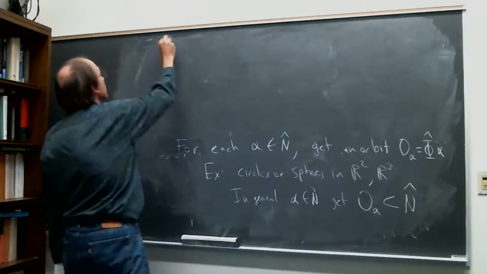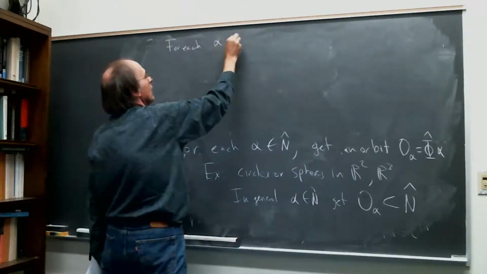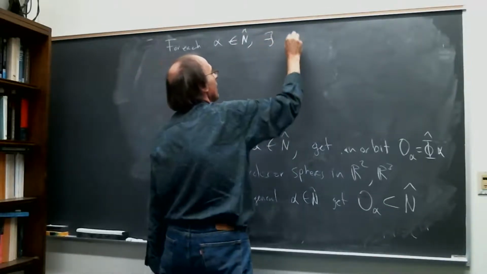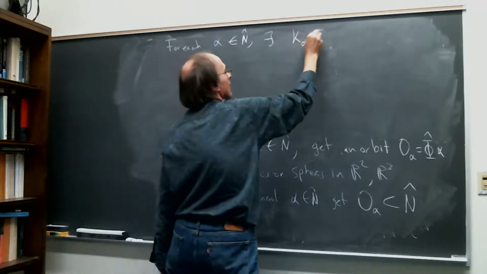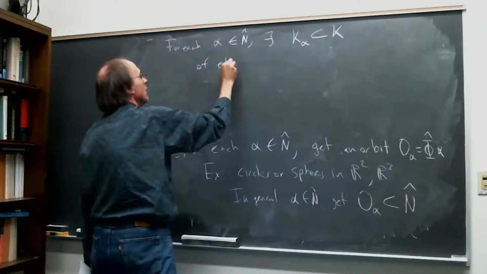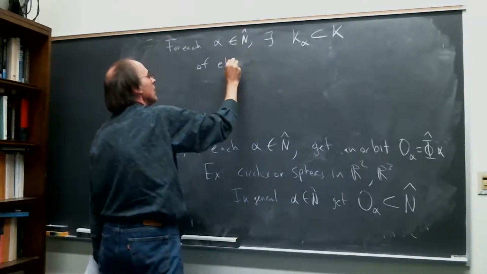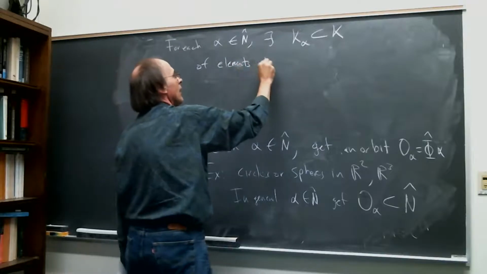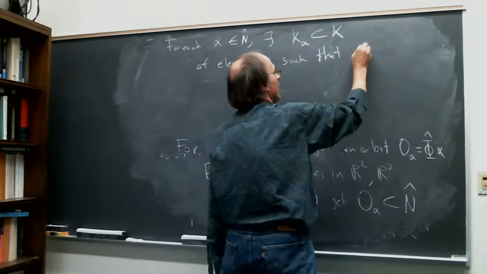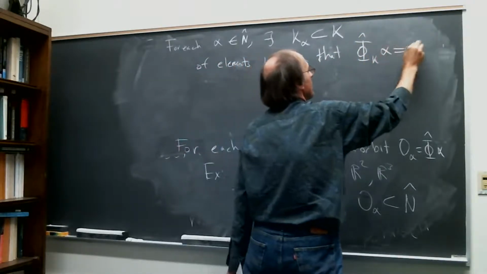So for each alpha element of n hat, there exists a subgroup, K sub alpha, of elements k such that phi at k alpha is equal to alpha.